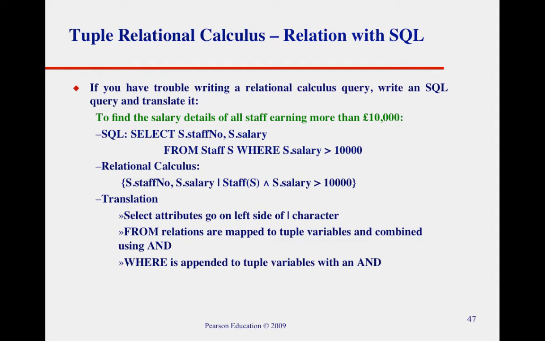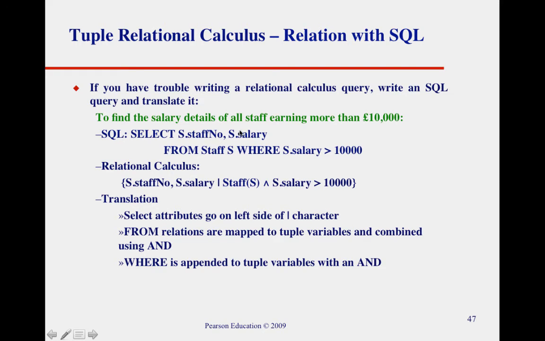Okay? So oftentimes, if you're having trouble expressing something in the relational calculus, say on the homework or an exam, try writing it out first in SQL and then see if you can translate it to the relational calculus. So if I might say, I don't know how to write the query, find the salary of all staff earning more than 10,000, try writing it as an SQL query first.